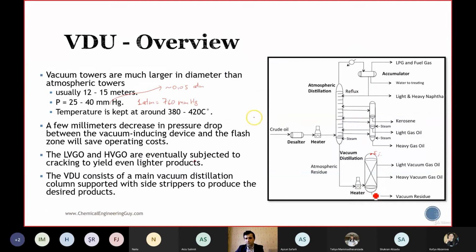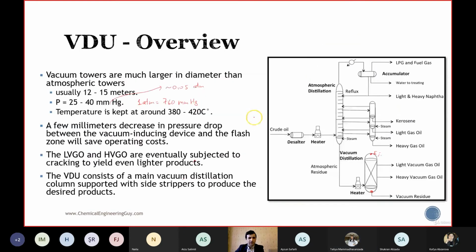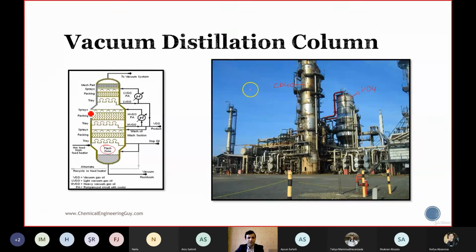So yes, bottom part. So the more pressure drop you have, the more energy you lose. That's why. But pressure drop comes from the packing, trays, sprays, from the internals of the column.